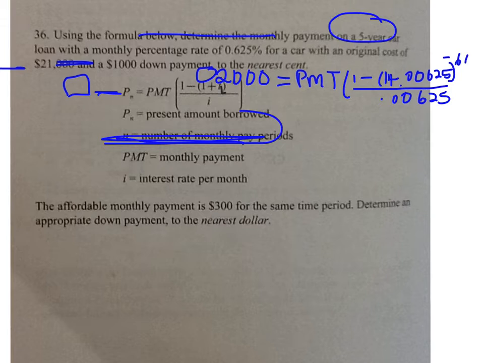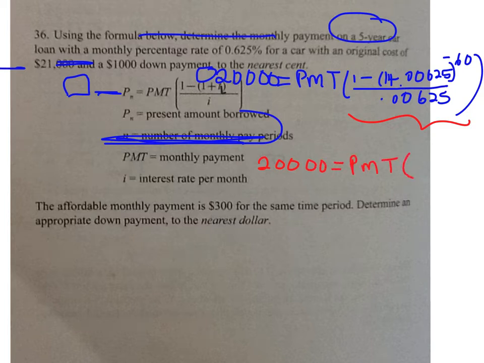So it's raised to the negative 60, and this is 20,000. Okay, so I told you guys in class to plug this into your calculator and get that number, and to use that fraction button. So it's 20,000 equals PMT, and then that number comes out to be 49 points.